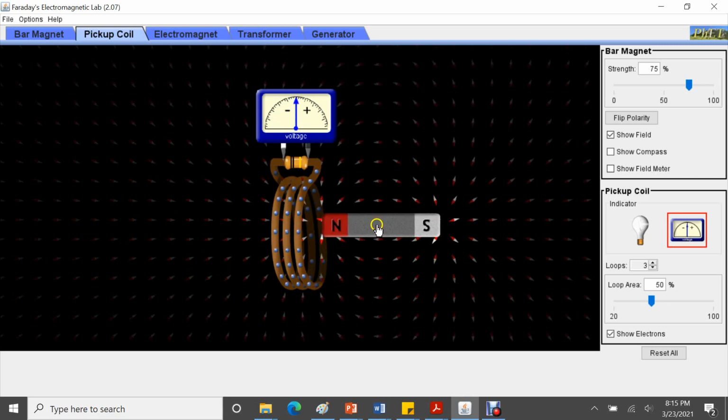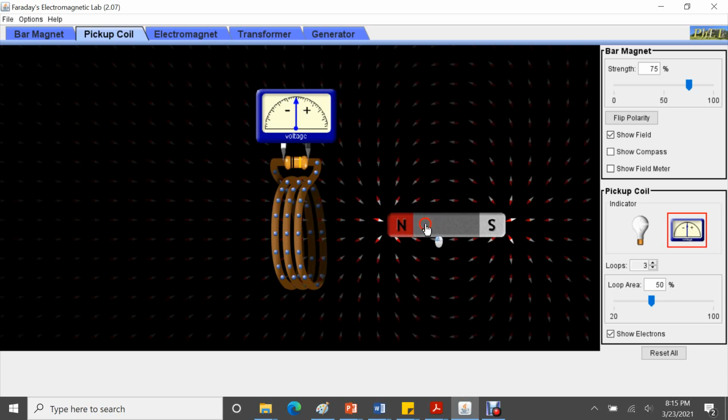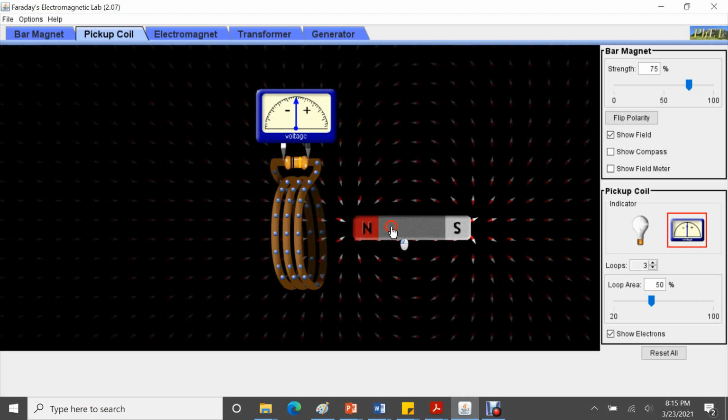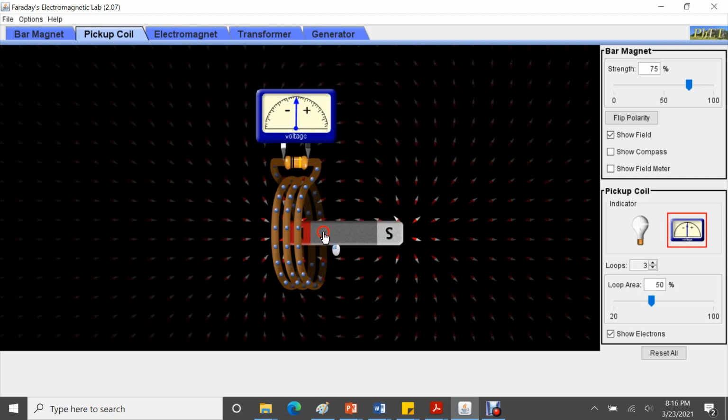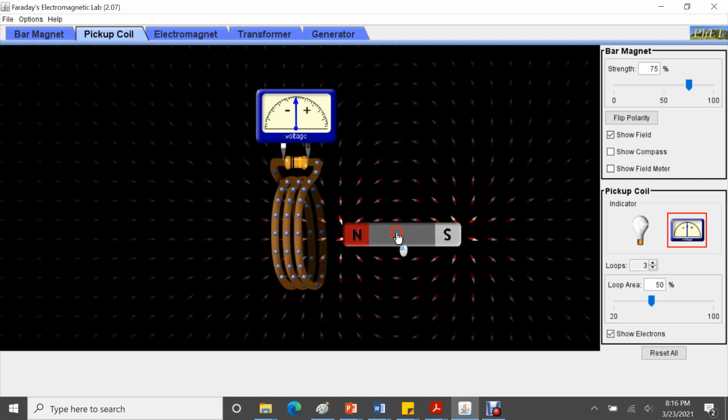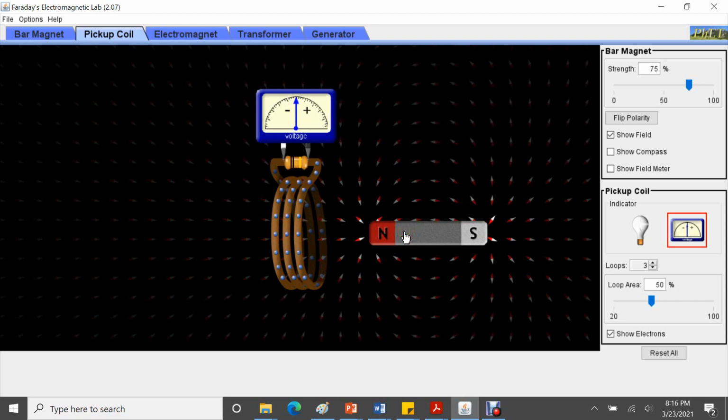But what I want you to see, let's do it again. I want you to see how the direction of the current is flowing. So let's look at it. If we were to consider the right hand, let me see right here. I'm just trying to see what's going on here.